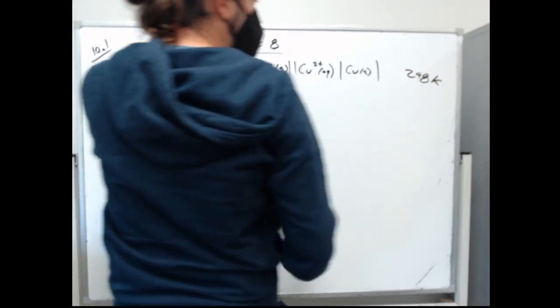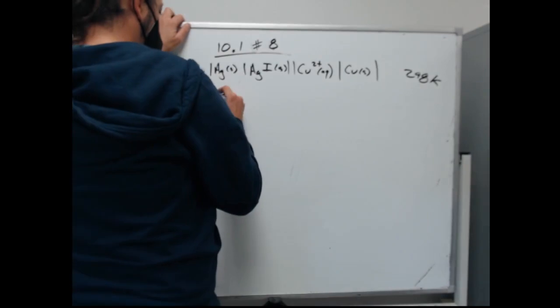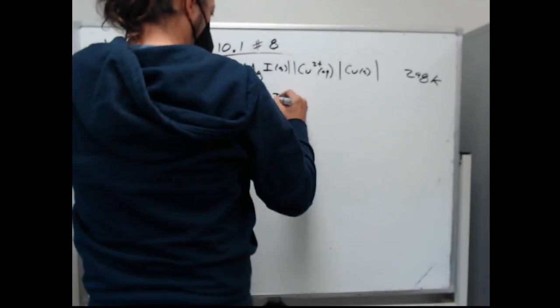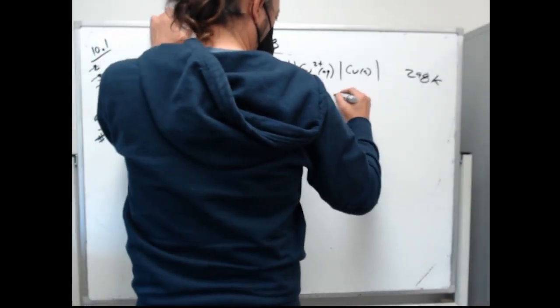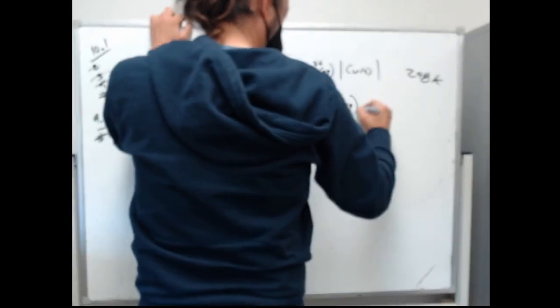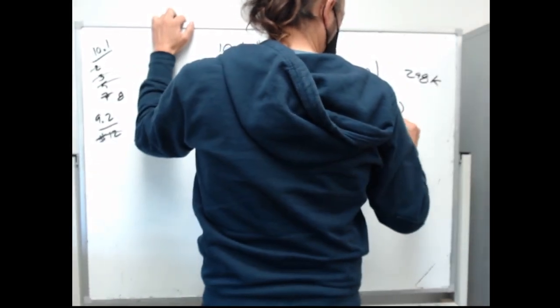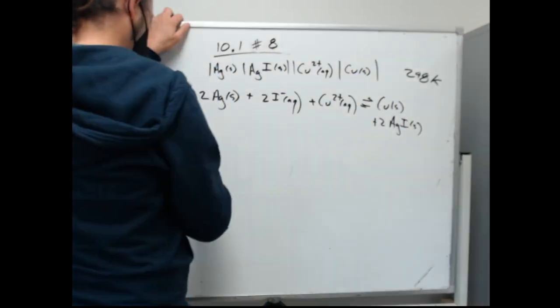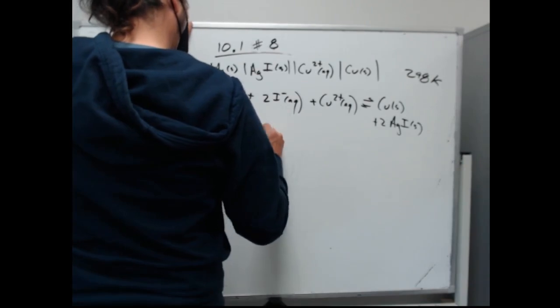And then they give you the balanced reaction: 2 Ag solid plus 2 iodide aqueous plus copper 2 plus aqueous goes to copper solid plus 2 AgI solid. And the delta G standard of reaction is negative 94.6 kilojoules per mole.